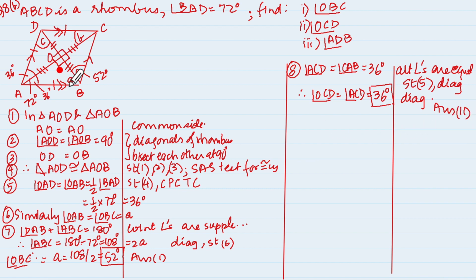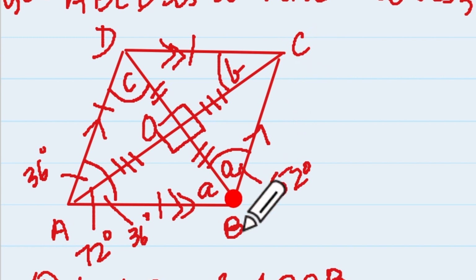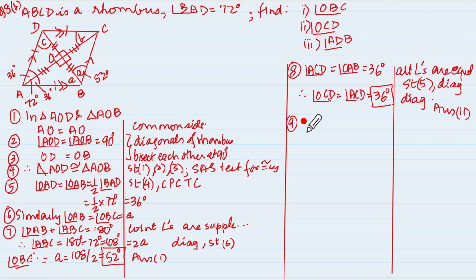Now we need this C. Now this C is alternating with this. Can you see that? So statement number 9, angle ADB is equal to this angle CBD, which is equal to A, which is 52 degrees.